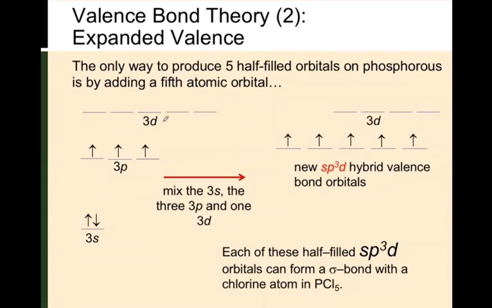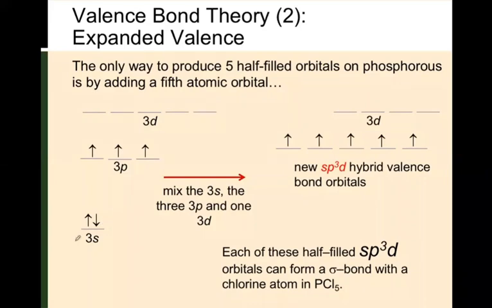So the energy difference between the 2p orbital and the 3d orbital is just too large. It's not something that can be easily bridged. But for something like phosphorus or sulfur, no problem. The next orbital up after the p orbital is the d orbital.